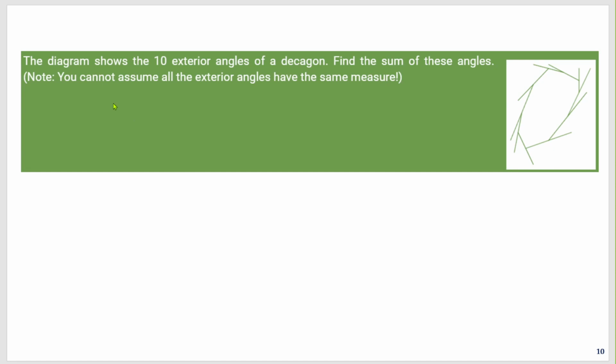Again, you could not just assume all the exterior angles have the same measure. And again, if you finish, please give me your answer in the chat box, okay?